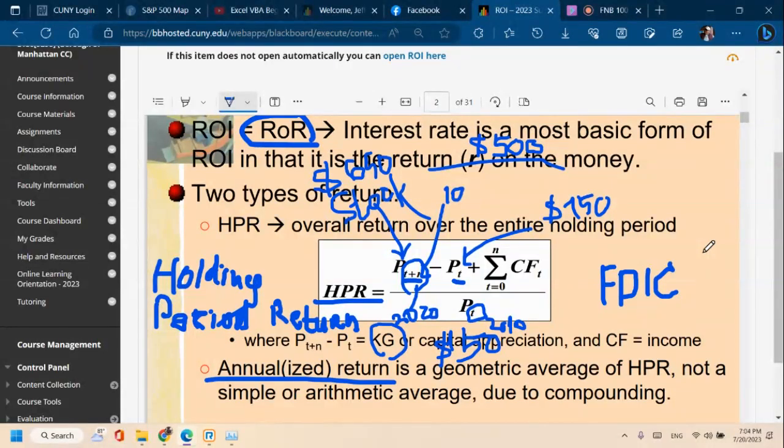January through March, first quarter, April through June, second quarter, right? And then July, we just started the third quarter. But we are starting to get the earnings report, the performance report of the second quarter. So in August, we'll be receiving the dividends from the second quarter, right? Make sense?